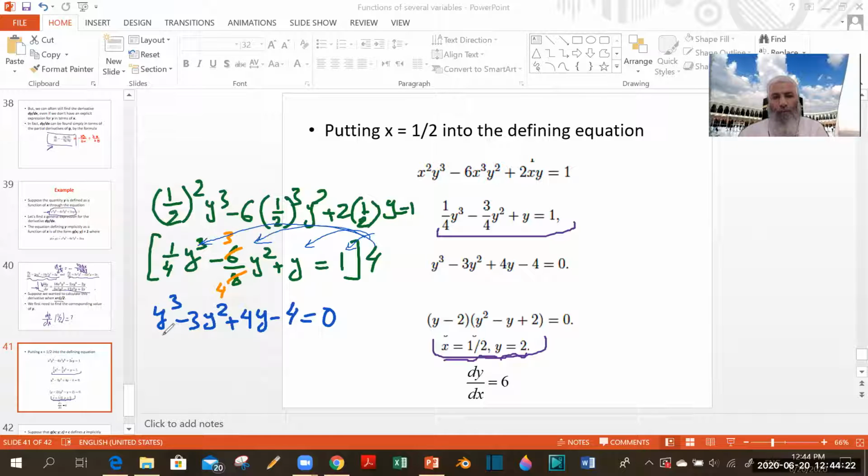We take the common factor y squared, and we have y minus 3, plus we take 4 as a common factor. No, grouping is not going to help us.